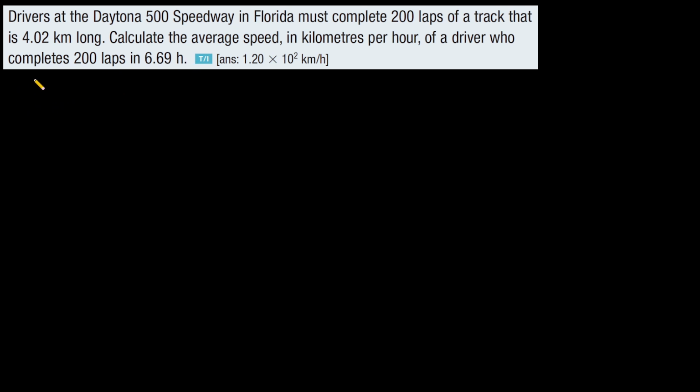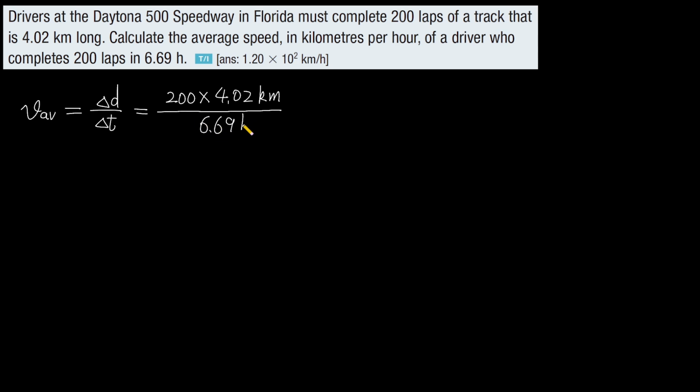To answer this question, use the formula: the average speed equals the total distance delta d divided by the time interval delta t, and this equals the distance delta d, which is 200 laps multiplied by the length of the track, 4.02 kilometers, and the time interval is 6.69 hours, and this equals 120 kilometers per hour.